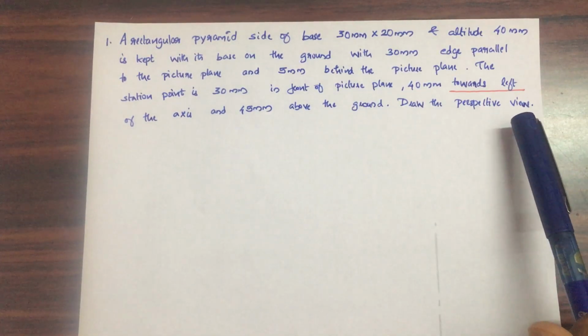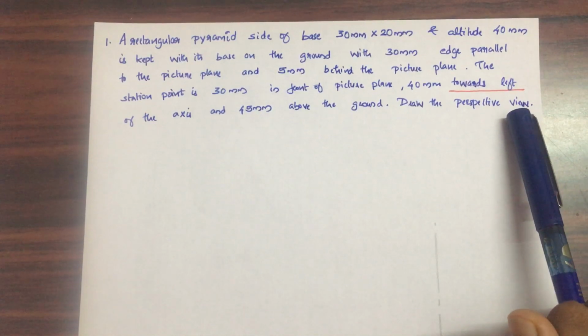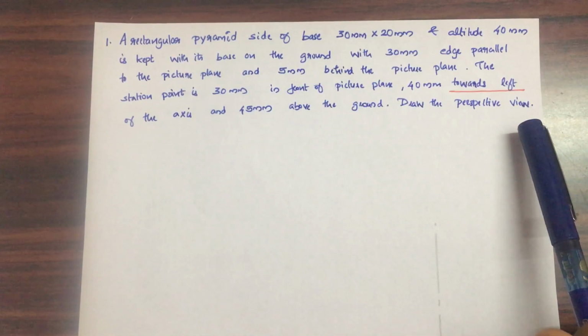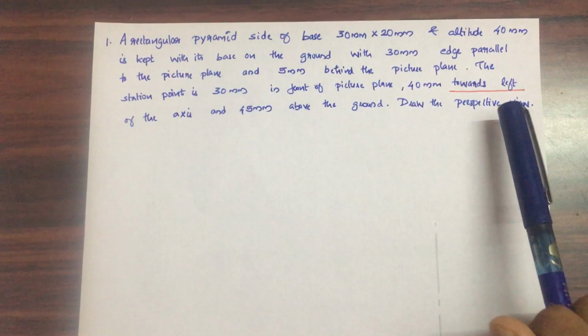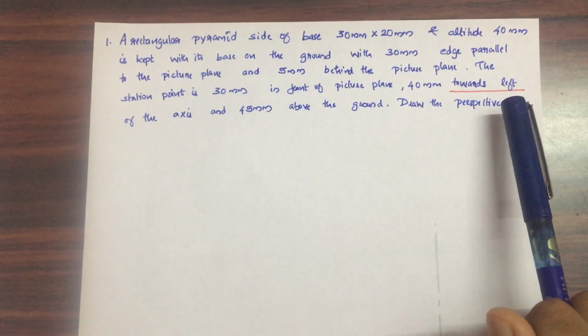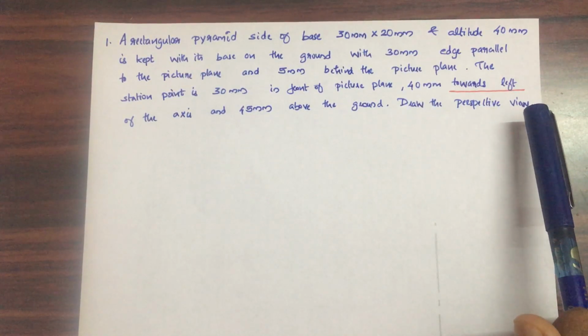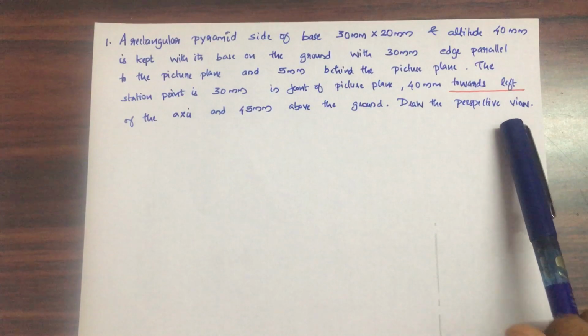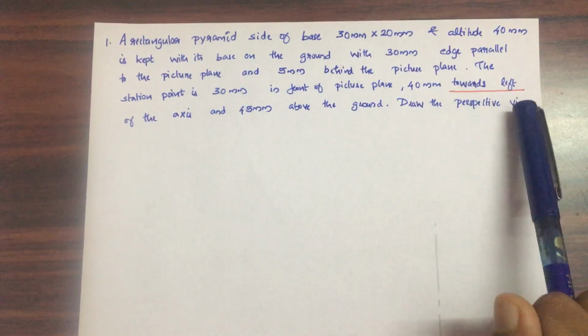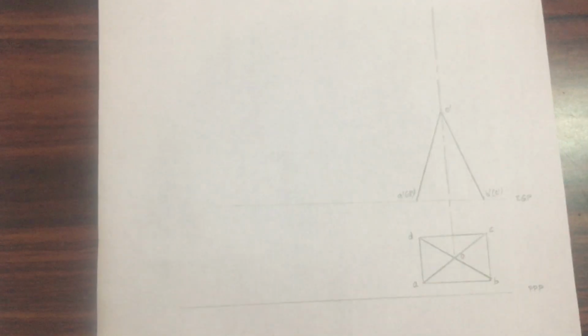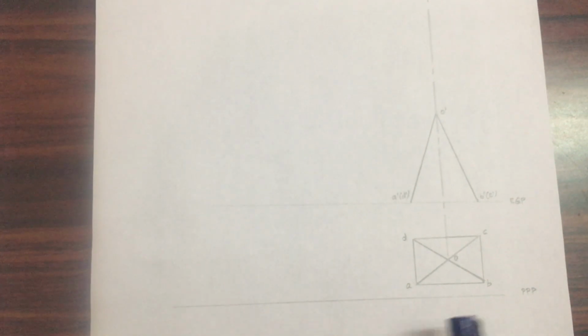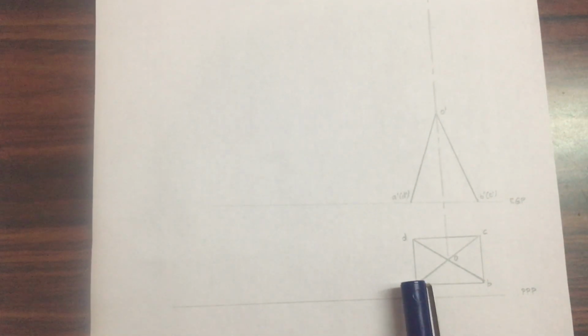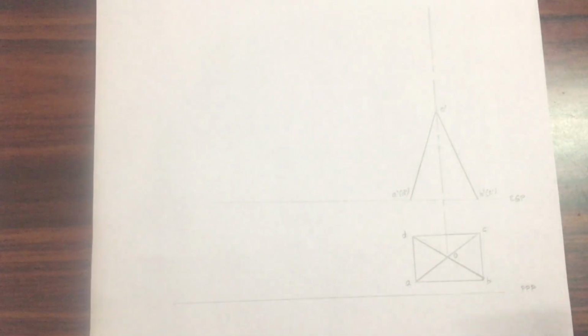If it is to be drawn towards the left, then you have to ensure that you draw the top view as well as the front view towards the right. If it is towards the right, then you draw the top view and front view towards the left. Just opposite, because if the station point is towards the left, then you should have space towards the left-hand side of the top view. So, I have drawn the top view as well as the front view towards the right-hand side.